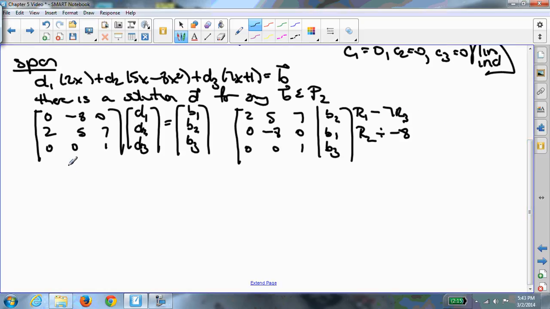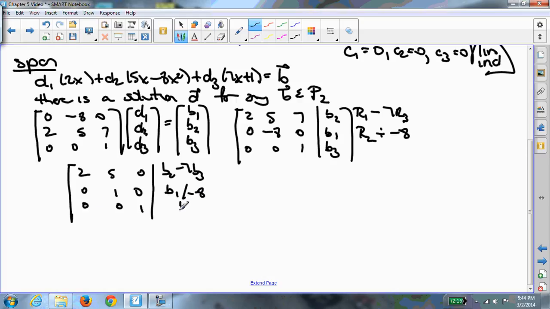So if I do that, I'm going to have 2, 5, 0, B2 minus 7 B3, 0, 1, 0, B1 divided by negative 8, 0, 0, 1, and this is B3. So I'm going to put a couple of steps together here. I'm going to do R1 minus 5 R2, and I'm going to divide that result by 2, and then I'm going to leave the others alone.